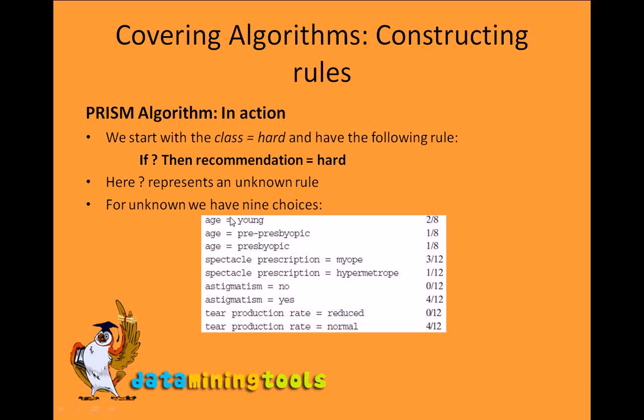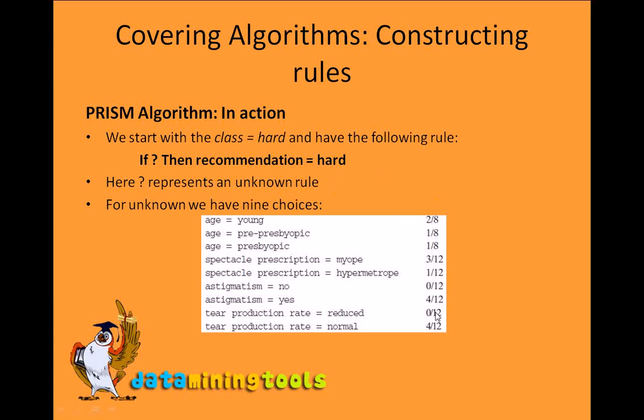Basically what we have done over here is we have taken each attribute, and for each value of this attribute we have written over here the p by t ratio, which we talked about for that particular case. So for example, age equal to young, this rule covers 8 instances. Out of these 8 instances, only 2 instances have a recommendation equal to hard.